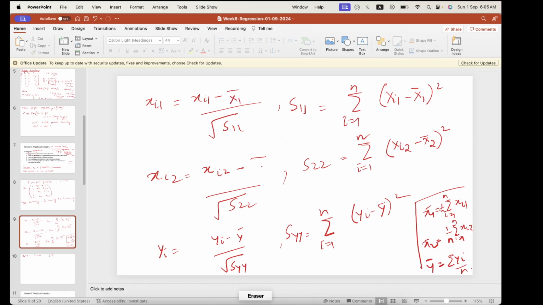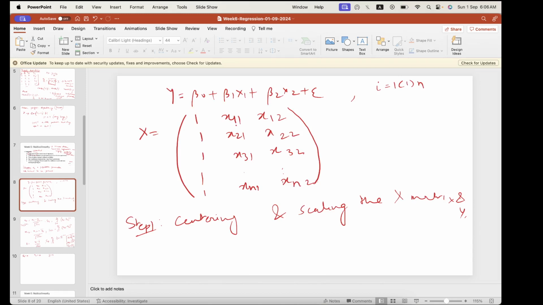Okay, this is capital X2 bar and this is capital Y bar. Alright, and here we have small x1 bar like this. Similarly, we'll have capital X1 bar, which will be 1 by n summation xi1. Alright, so let me just write it in a different way. I'll write these as capital X's, so then I don't think there'll be any more confusion.